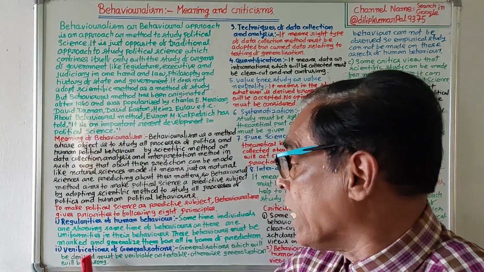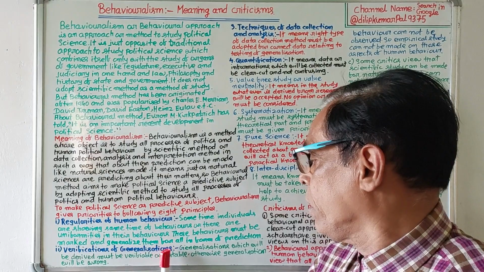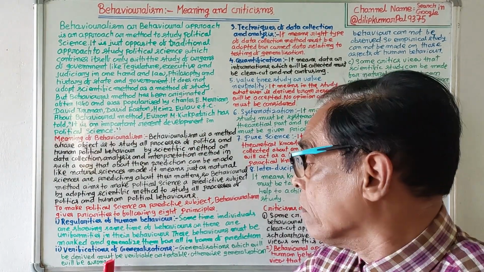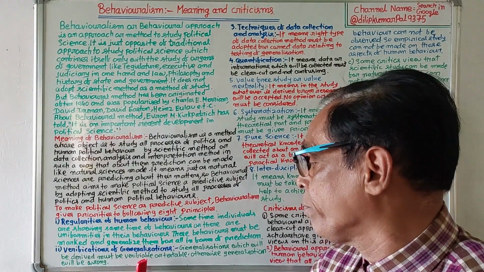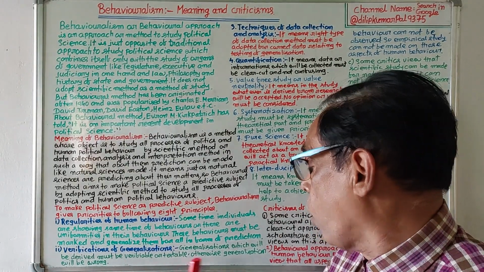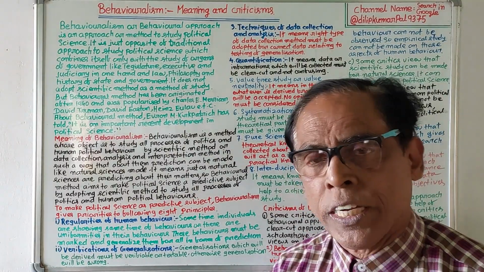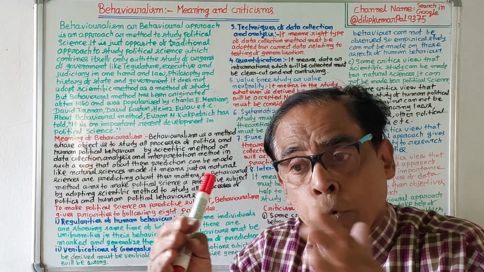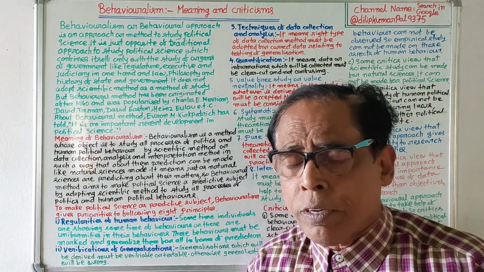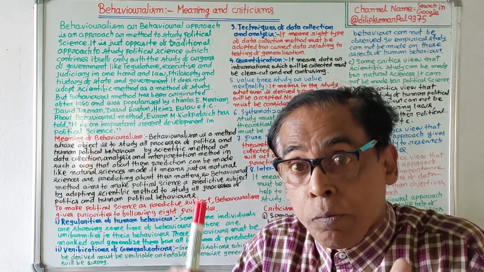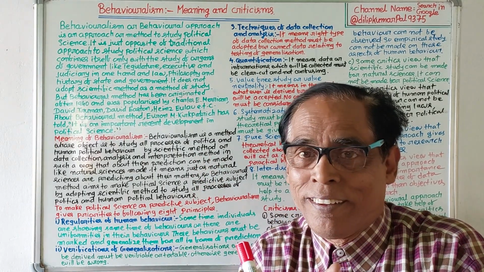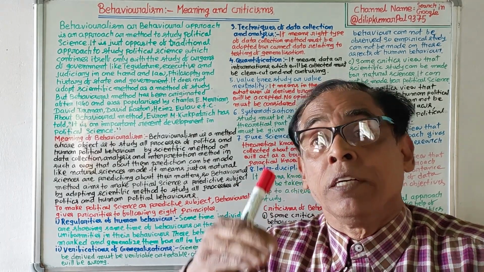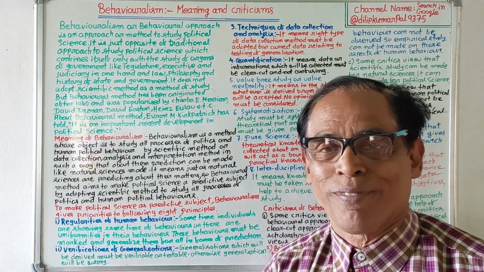Number 2, verification of generalizations. It means generalizations which will be derived must be verifiable or testable, otherwise the generalization will be wrong. Sometimes people show the same type of human behavior, and this must be marked and generalized for all.